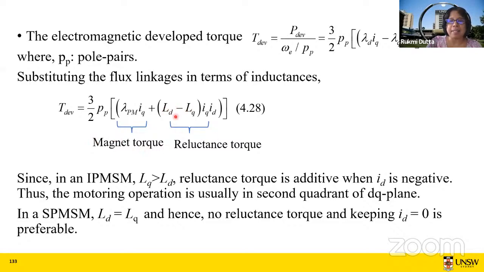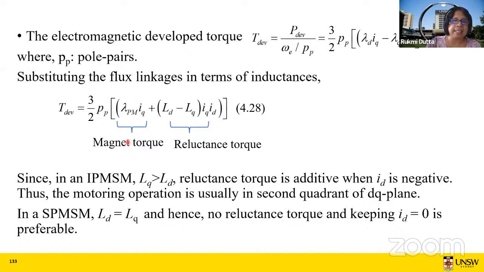The second term is because of the difference in the two inductances, which comes from the difference in reluctance in the diagram. So that second term is the reluctance torque, which we have seen in our salient pole machine. This is exactly the same torque, only now in terms of ID, IQ quantities.